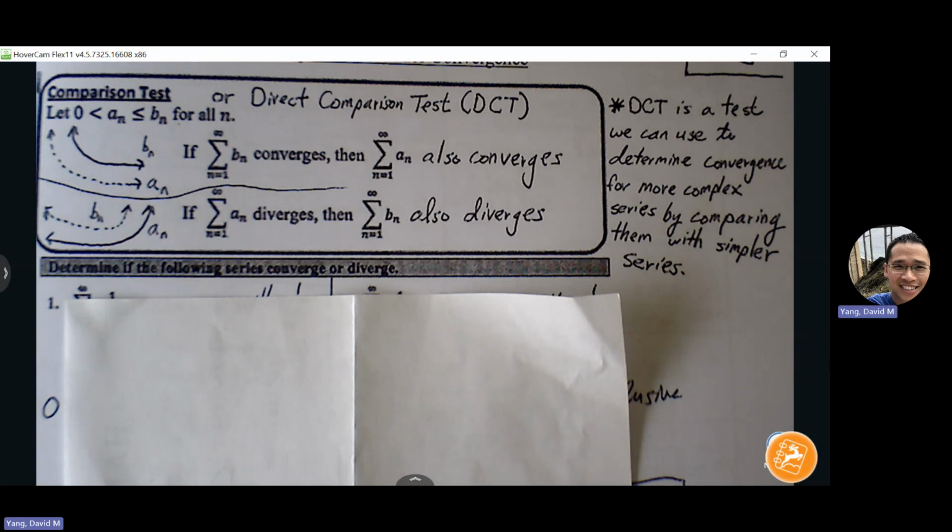But the idea with comparison test is that we use a more simple series that we know the convergence behavior, whether it's diverging or converging, and then we use that simple series to determine whether something more complicated is also going to converge or also going to diverge.